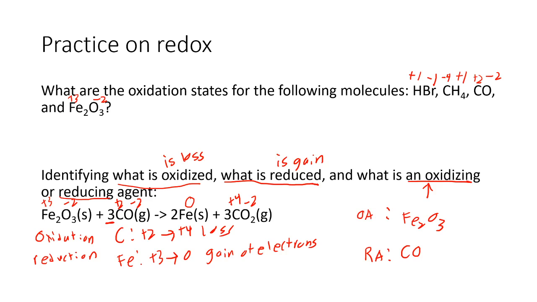So our oxidizing agent is a reactant that caused something else to be oxidized, which means it itself was reduced. Whereas our reducing agent is something that caused something else to be reduced, so it was oxidized.